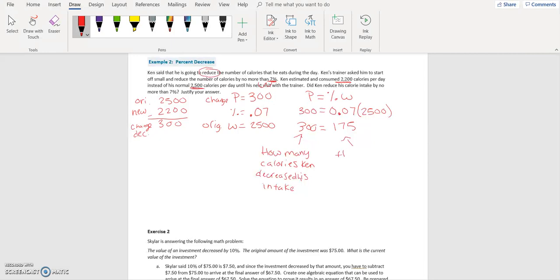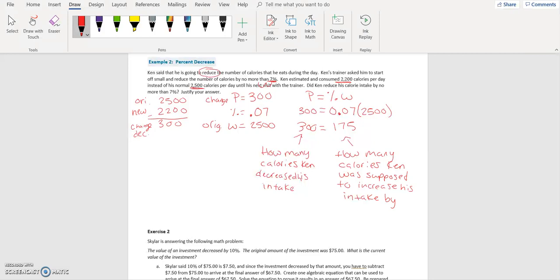So this is how many calories Ken was supposed to increase his intake by.